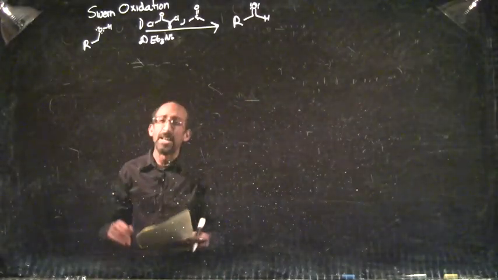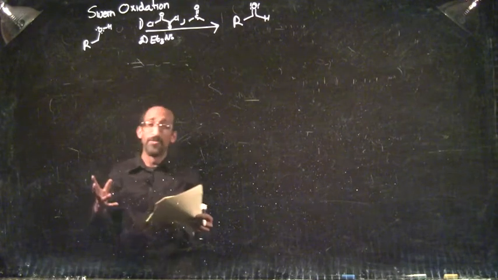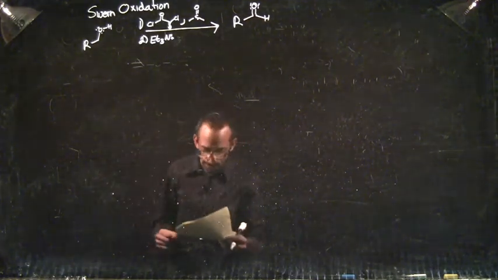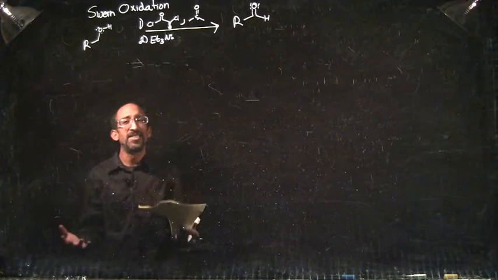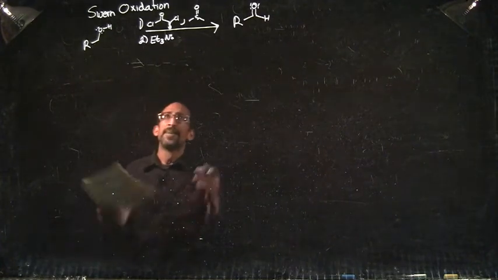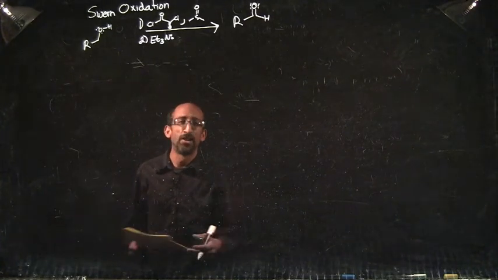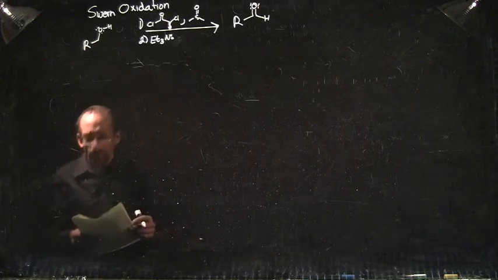So, as I've said, I love this mechanism. It's my favorite mechanism in all of Chem 201. So let's go through and see just exactly what our electron pushing is to make the Swern oxidation happen.